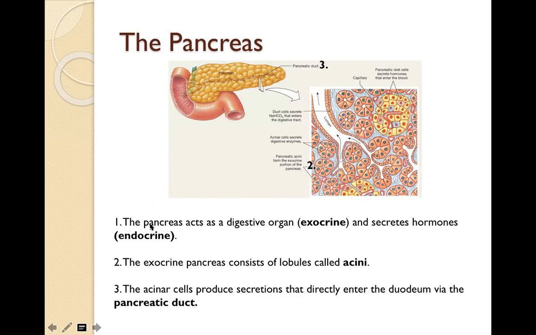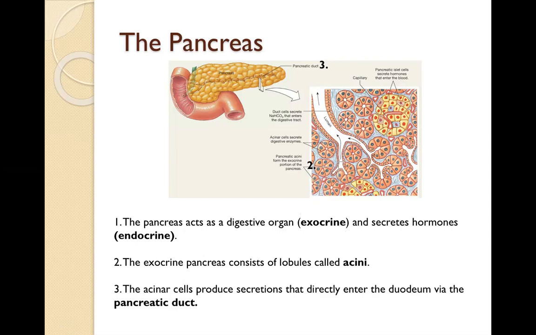And when we refer to the part of the pancreas that acts as a digestive organ, we refer to that as the exocrine pancreas. And so anytime you see exocrine pancreas, it's always referring to the function of the pancreas that acts as a digestive organ.